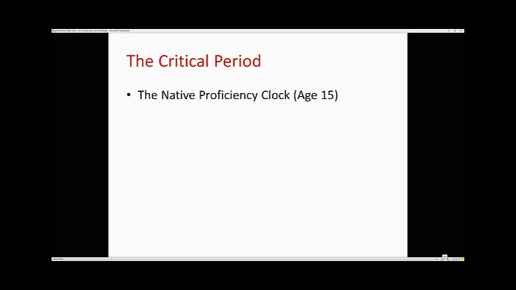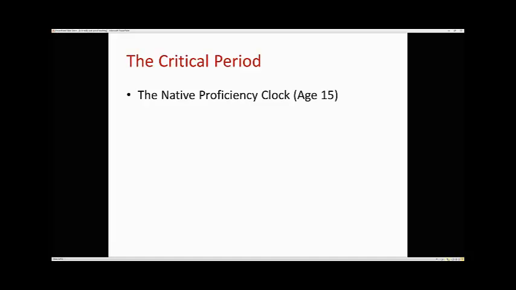One of which is brain lateralization, that prior to the age of 15, you have a window of opportunity where someone can learn their first language and learn it as a native learns it, and become very proficient with it and expert in the language, as all of us are now, unless we learned the language after the age of 15.